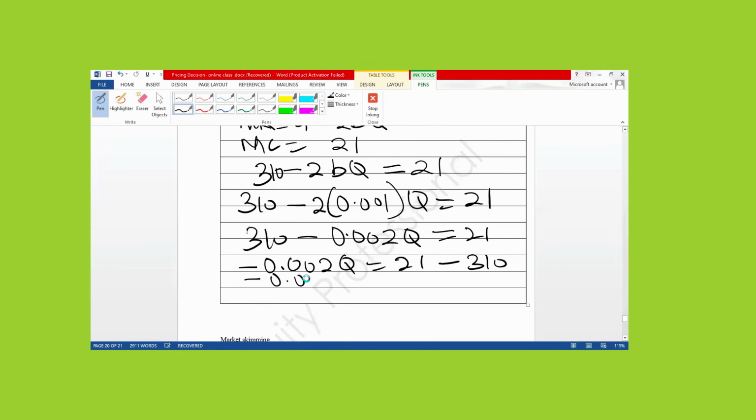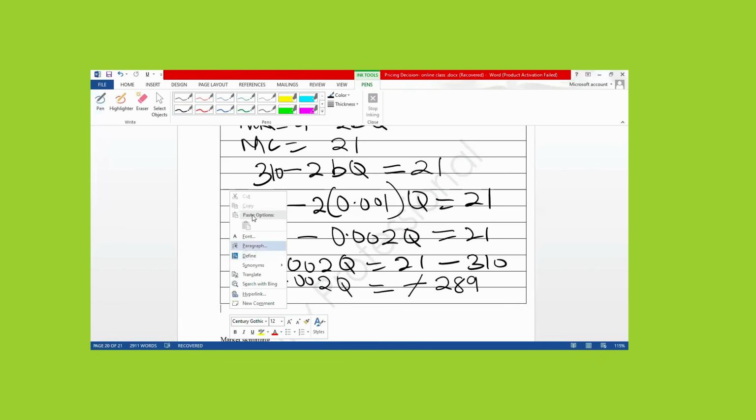Negative 0.002Q is equal to negative 289. Negative cancels negative. What is Q, please? 144,500.